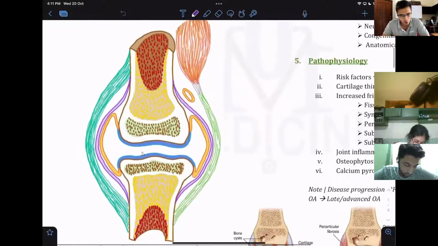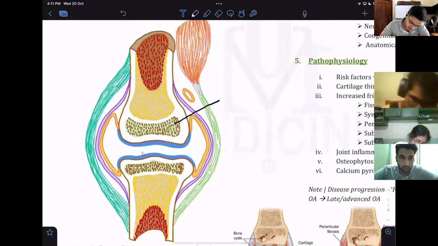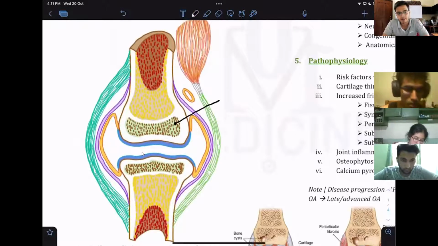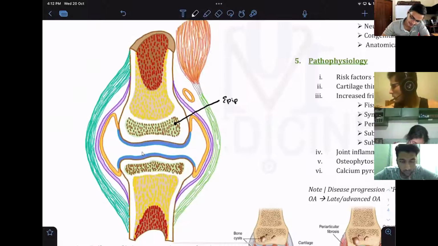Firstly, guys, in this bone, let's go through that as well. What is this part? You all know the parts of a bone. This is the epiphysis.